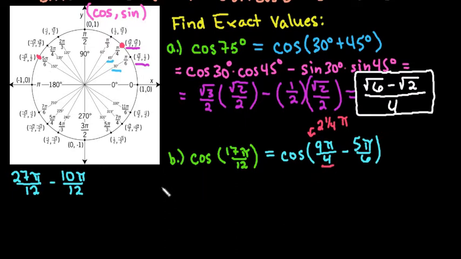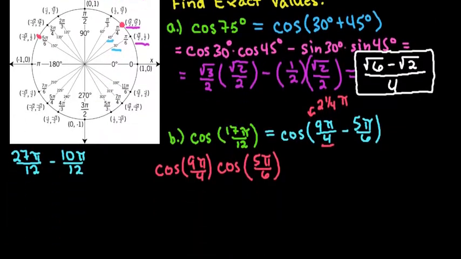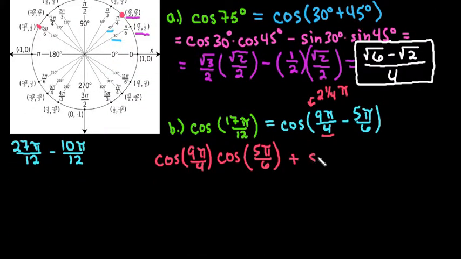When I rewrite this, we always start with cosine. So I would have cosine 9 pi over 4 times cosine 5 pi over 6. And remember that we always do the opposite, so since it's minus here, since we're using the difference, we're going to put plus sine 9 pi over 4 times sine 5 pi over 6.